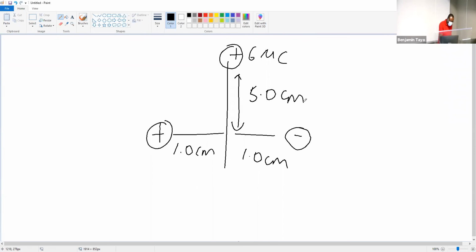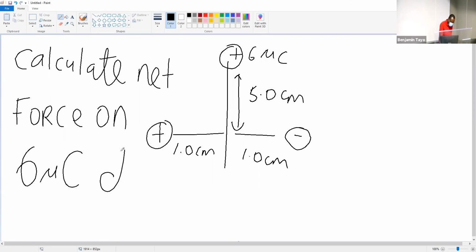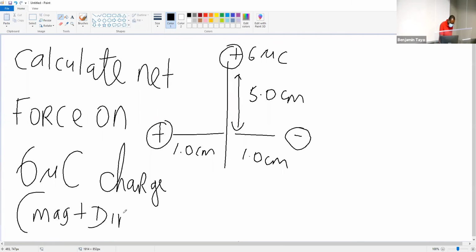So again, calculate the net force on the 6 microcoulomb charge. I want to see magnitude plus direction.